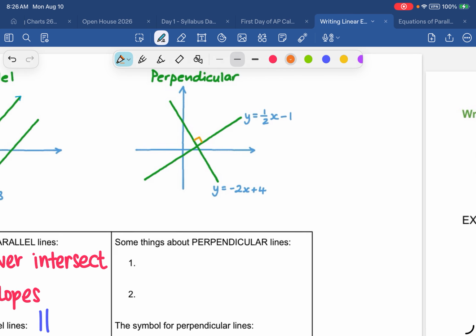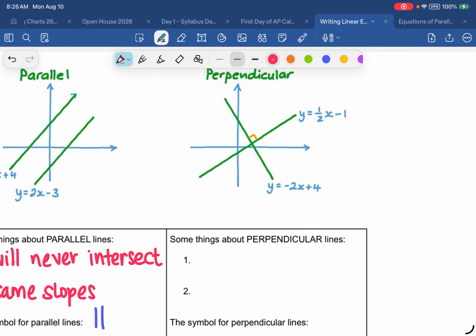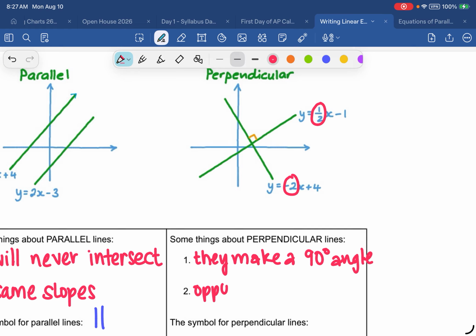Perpendicular lines, on the other hand, rather than never intersecting, always intersect, and they make a 90-degree angle, or a right angle. The thing about their slopes, as you see in this example, is they have opposite signs and they are flipped.